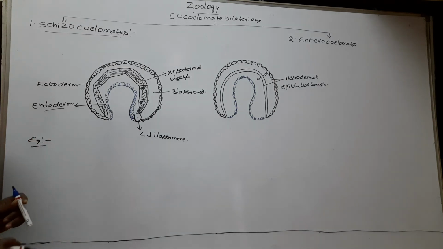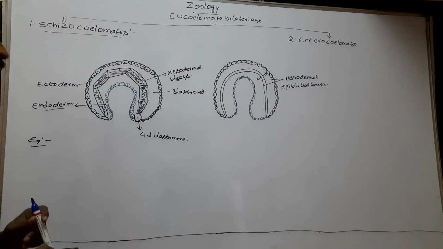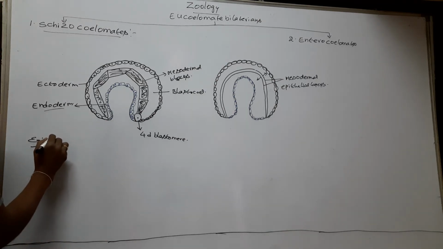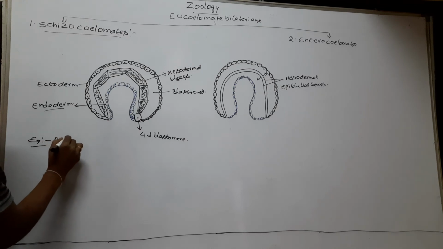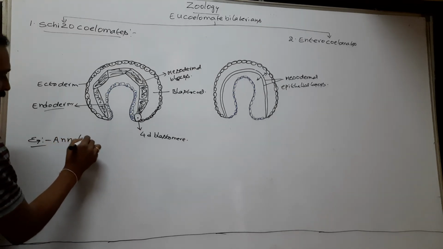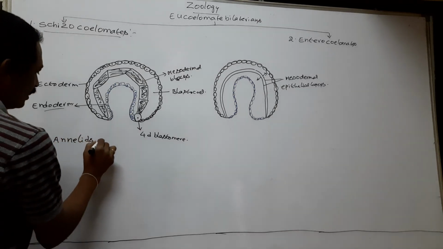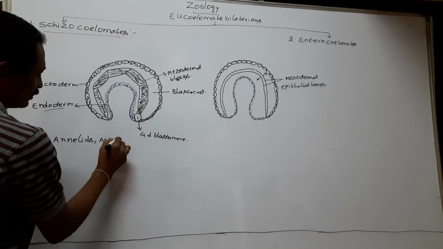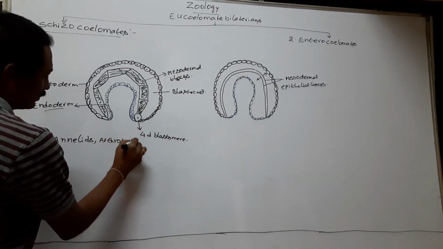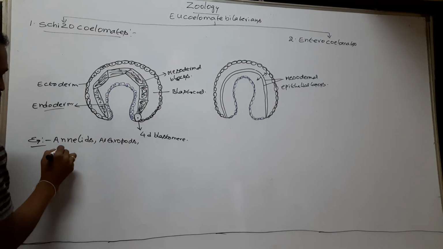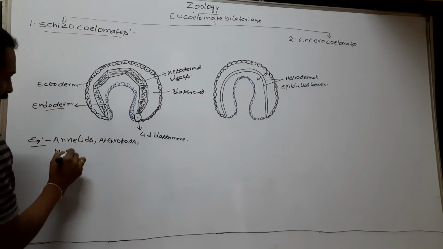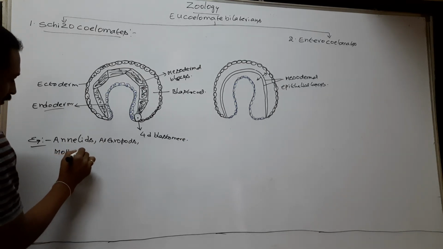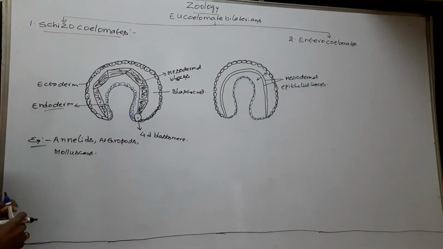Examples of schizocoelomates are annelids, arthropods, and molluscans.